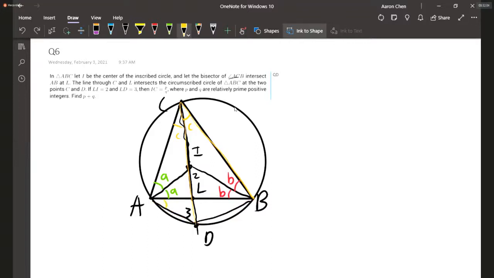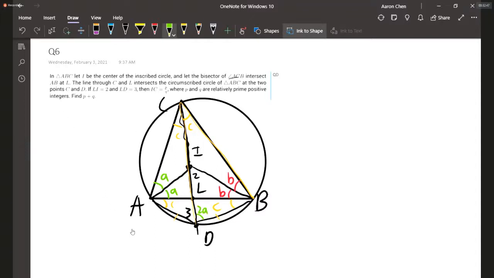So you have that this is also equal to C. And similarly, you have that angle ABD is also equal to C. And similarly, you can see that CAB and CDB subtend the same arc. So this is equal to 2A.